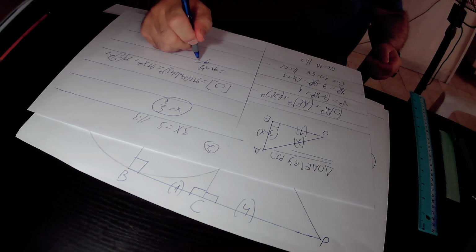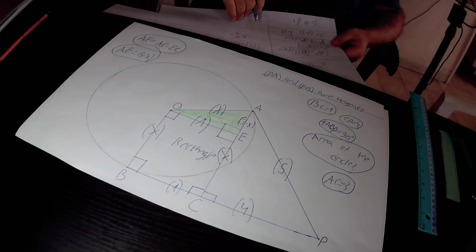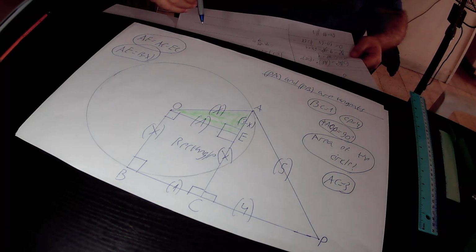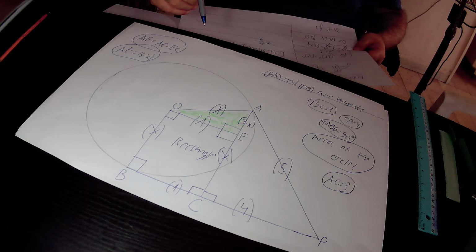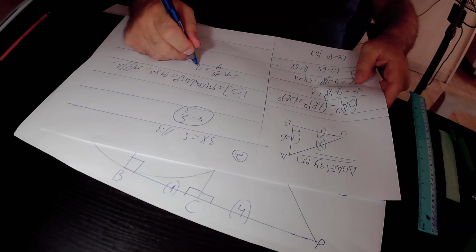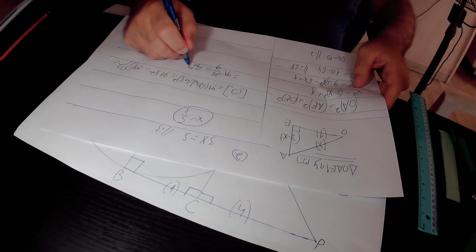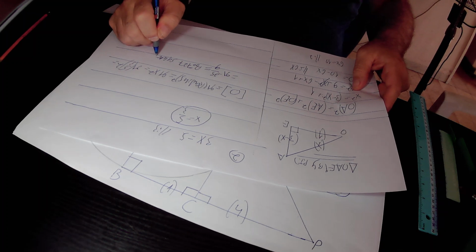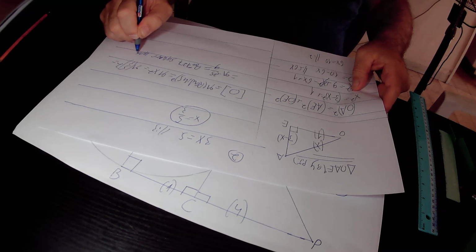So in total we found out that the area of this circle is equal to either 25 pi over 9 square units, or in terms of numbers, the area of this circle is equal to 8.727 square units. I'll repeat again.